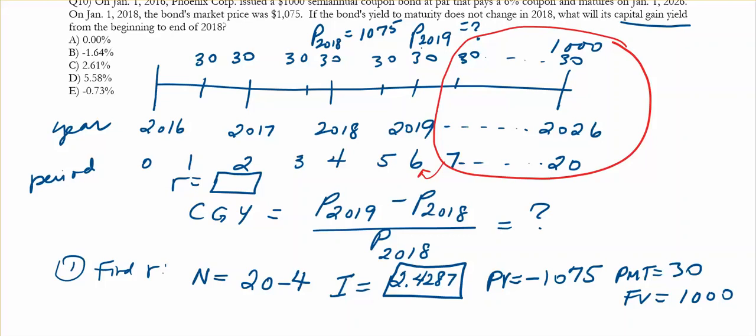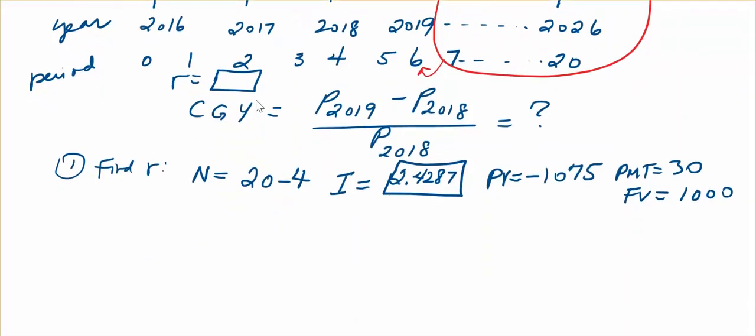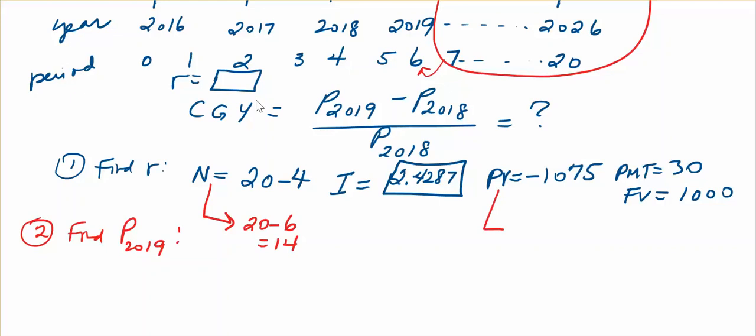So we have 2 less periods to go till maturity. So to find the price in 2019, all we have to do is change the N to 14, interest rate stays the same, solve for new price. So put in N equals 14, solve for PV, get 1067.1223.